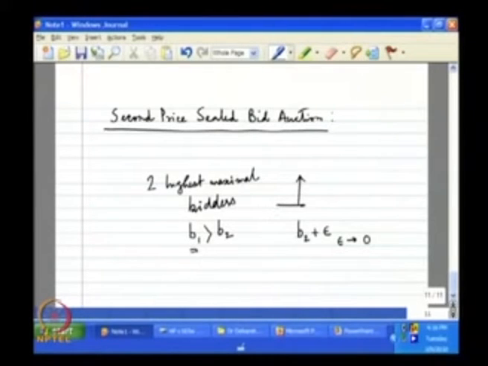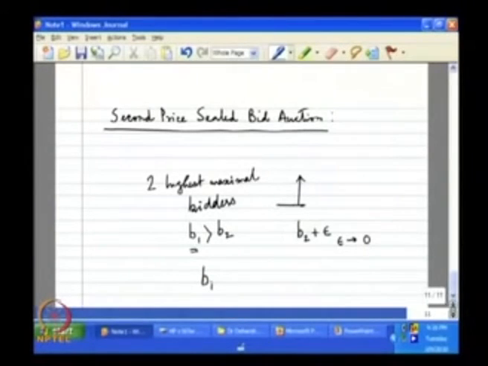So, this is the general idea of auction that we have, and this is sought to be replicated in a kind of sealed bid auction, where people do not observe other people's bidding. I do not see what the other people are doing.